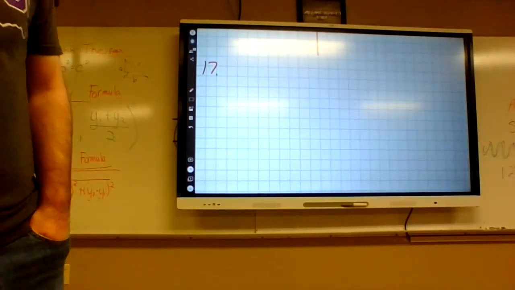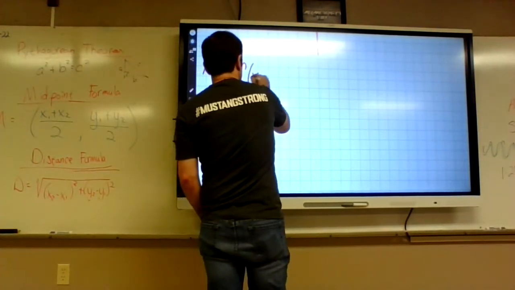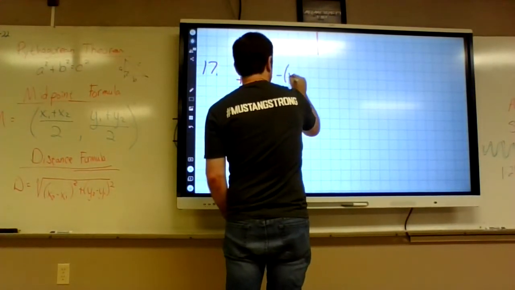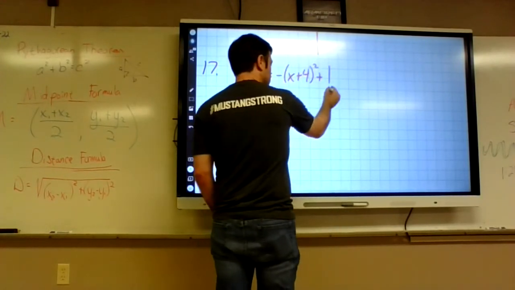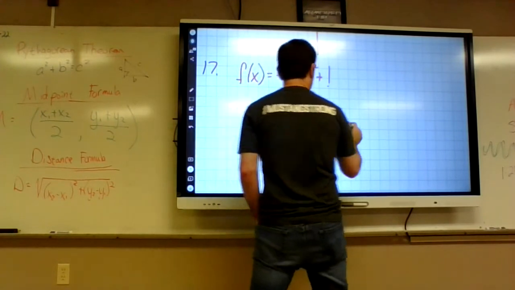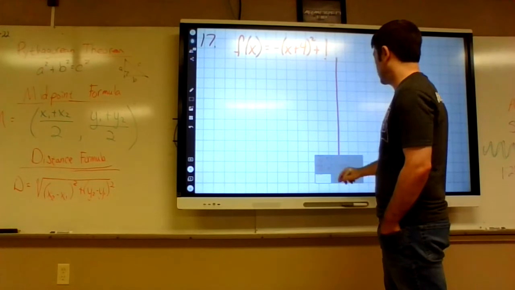Number 17. f of x equals negative (x plus 4) squared. What's different about this graph? It's going to go down.